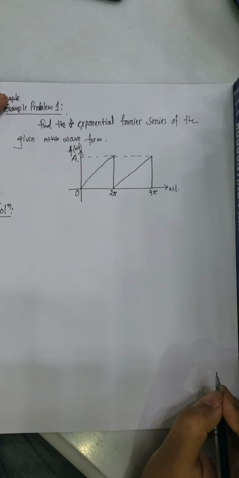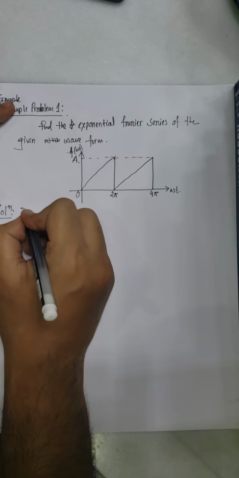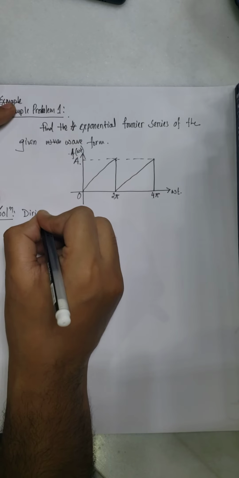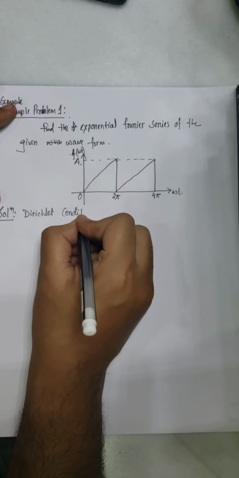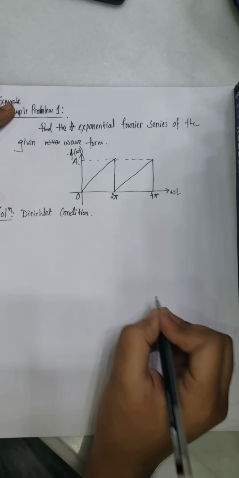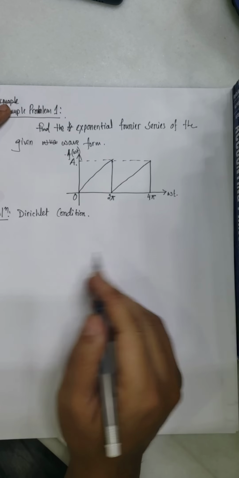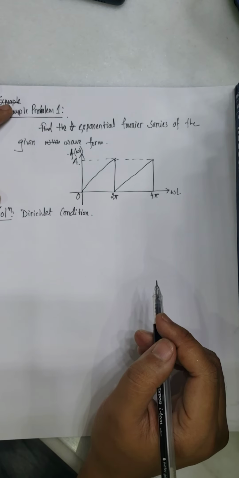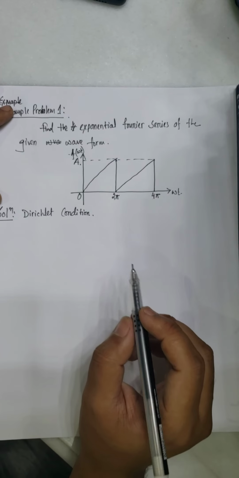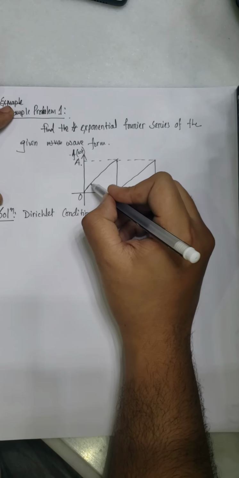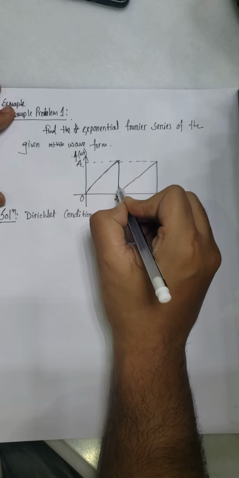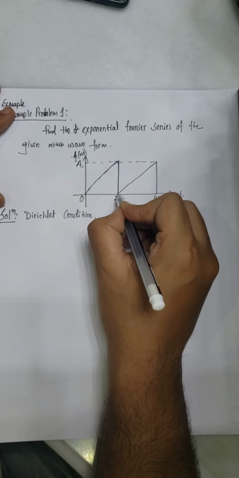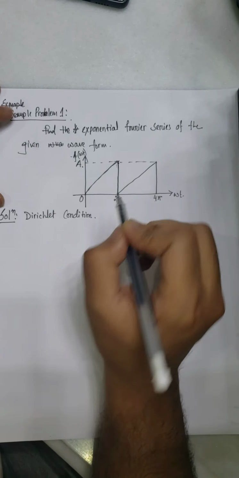Now, considering the Dirichlet conditions, the first condition is that over a period of time, the signal must have a finite number of discontinuities. The signal is continuous over here in this period and has only one discontinuity in this region.